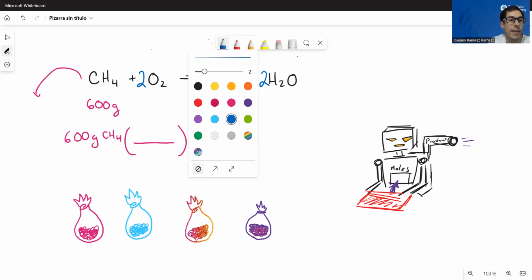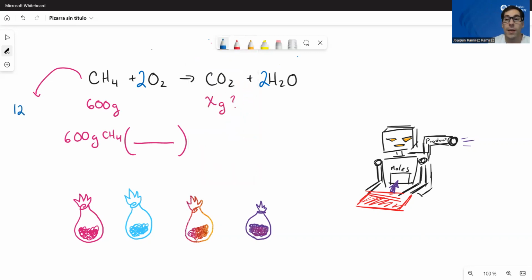You will find that carbon has an atomic weight or an atomic mass of 12. We have only 1 carbon atom in this molecule, so we just multiply it by 1. And the mass of hydrogen, you will find it around the value of 1 or 1.008, but in this case, we're going to round it down. So 1 is the atomic weight of hydrogen.